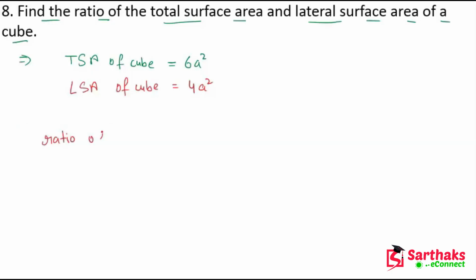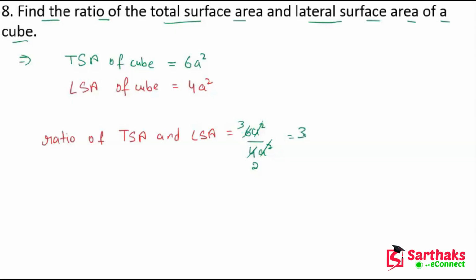So the ratio of TSA and LSA will be 6a square divided by 4a square. From this, a square and a square will be cancelled. Then 4 can be divided by 2 two times, and 6 can be divided by 2 three times.